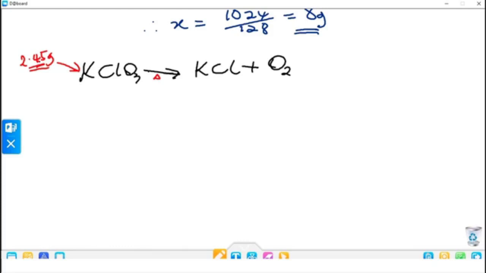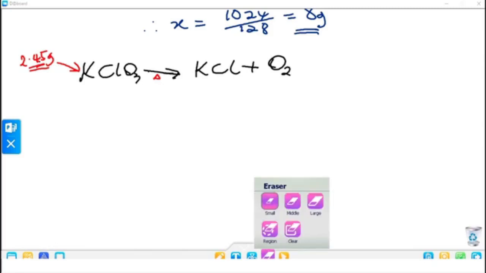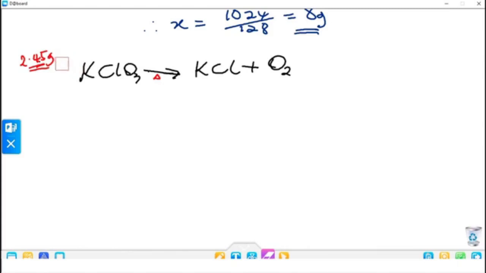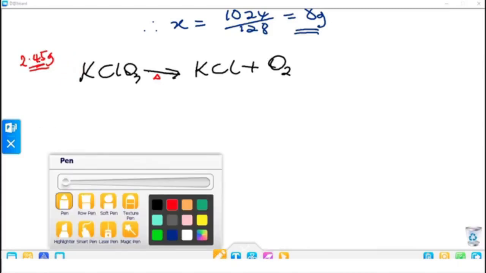Potassium at the left is 1, chlorine is 1. Oxygen at the left is 3, oxygen at the right is 2. So oxygen is not balanced. Everything ought to be balanced. Now how do we balance that equation? Let's see how to make oxygen balance on both right and left.